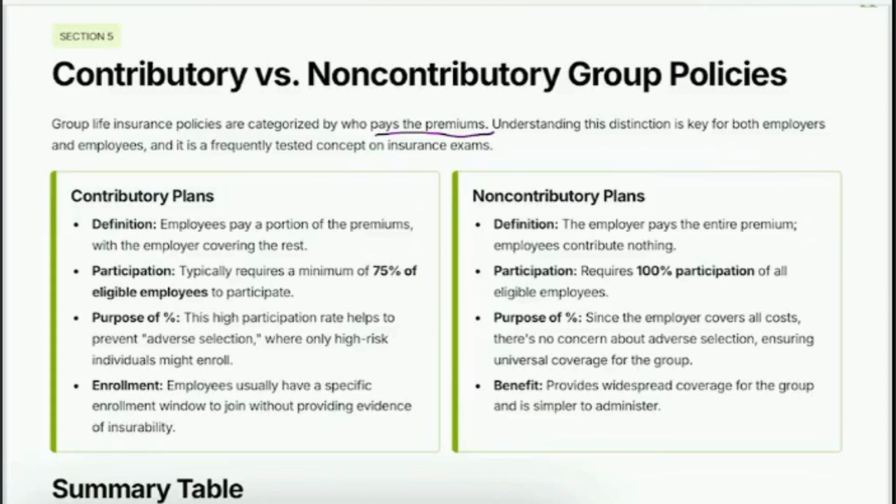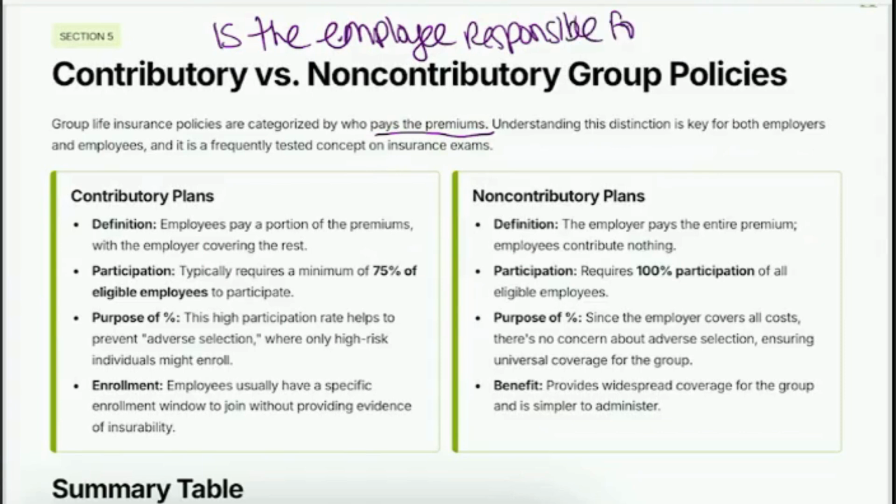So when they're talking about contributory versus non-contributory, let me word that differently. They're asking, is the employee responsible for contributing?